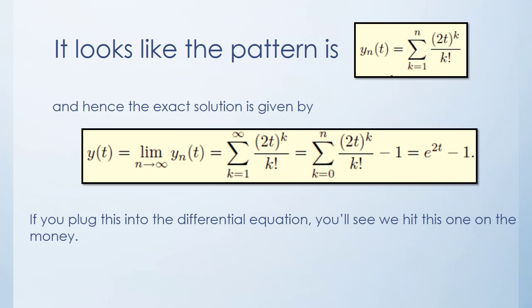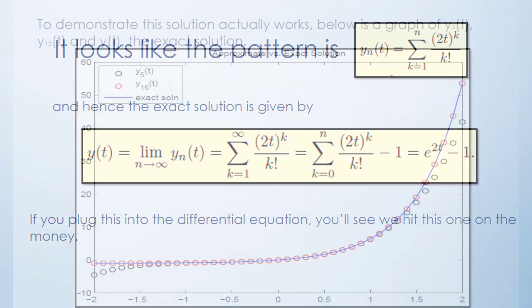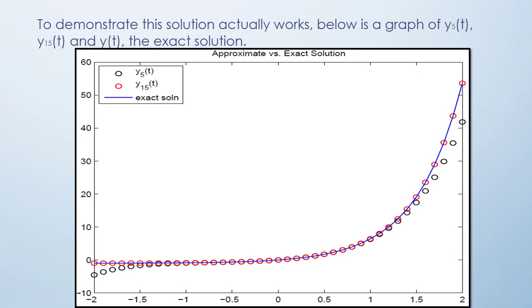It looks like the pattern is something like this, and hence the exact solution is given by this equation. If you plug this into the differential equation, you will see we hit this one on the money.